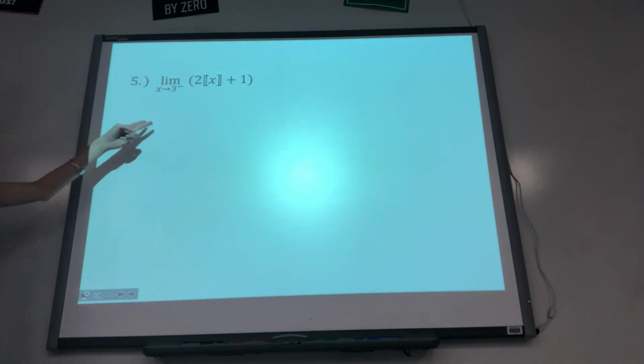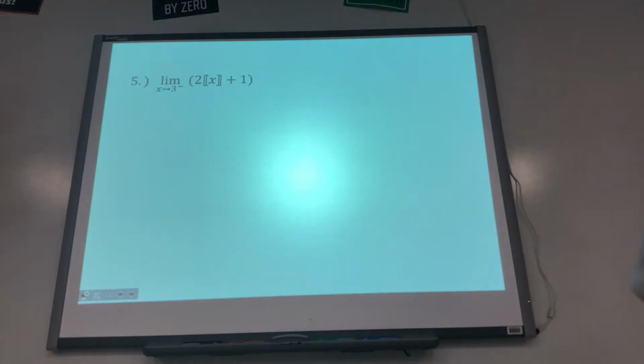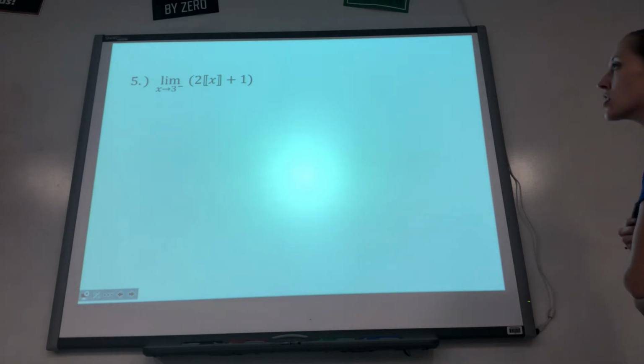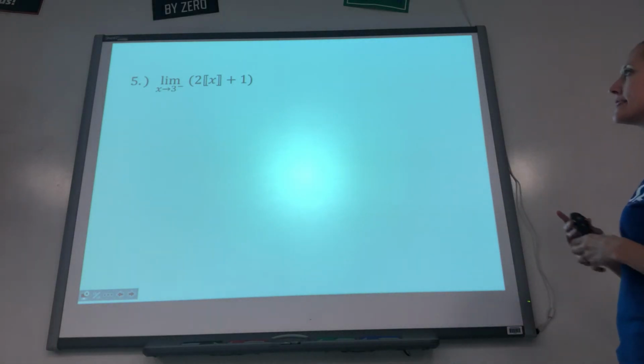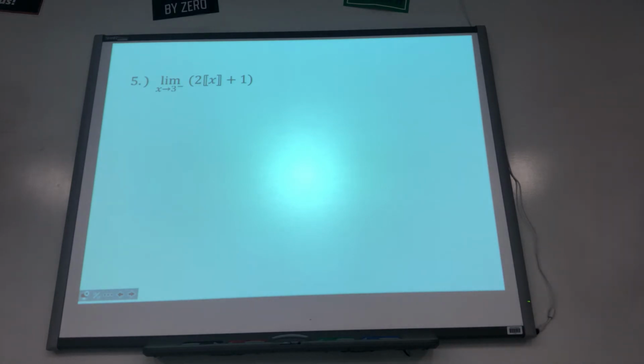Okay, so let's go ahead, and I think I actually only have one example of these, but let's try a limit problem with a greatest integer function. It's a little bit different here, so make sure you're following. Don't work too far ahead. We need to find the limit as x approaches 3 from the left of 2 times the greatest integer of x plus 1.